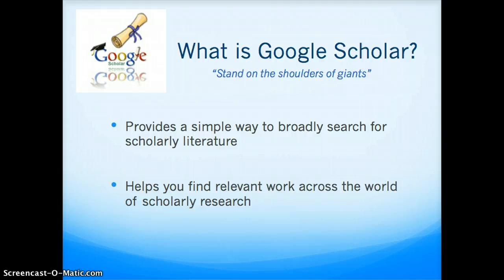It's also a freely accessible web search engine and it fully indexes scholarly literature across an array of publishing formats and disciplines. It includes most peer-reviewed online journals of Europe and America's biggest publishers, plus it includes scholarly books and other non-peer-reviewed journals.